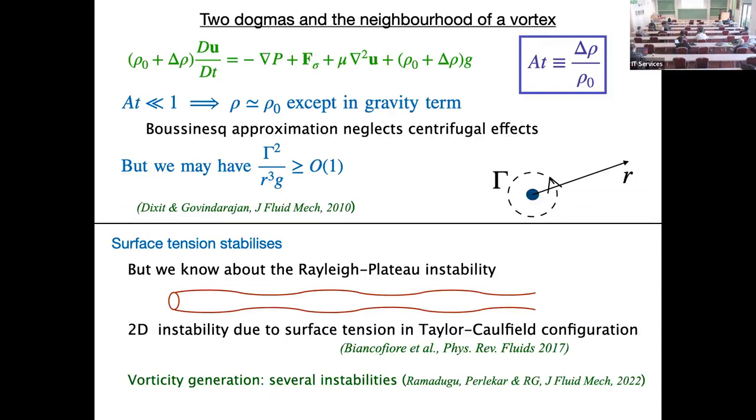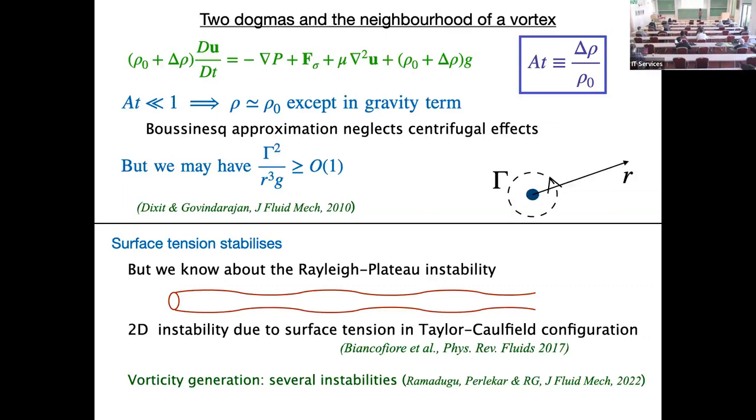Okay, so first we'll address two dogmas and we'll talk about what happens in the neighborhood of a vortex. Here is the incompressible Navier-Stokes equation when there are two densities in the flow, rho naught plus delta rho on one side and rho naught on the other side.